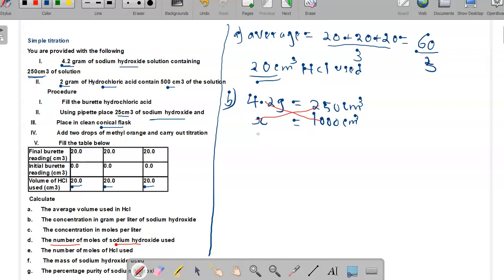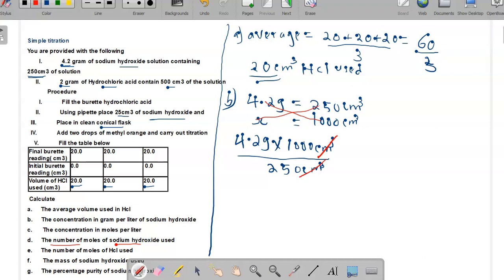Then after cross multiplication, we have 4.2 gram multiplied by 1000 centimeter cubic, then divided by 250 centimeter cubic. Through cancellation, centimeter cubic and centimeter cubic cancel. 4.2 times 1000, that is 4200, divided by 250.